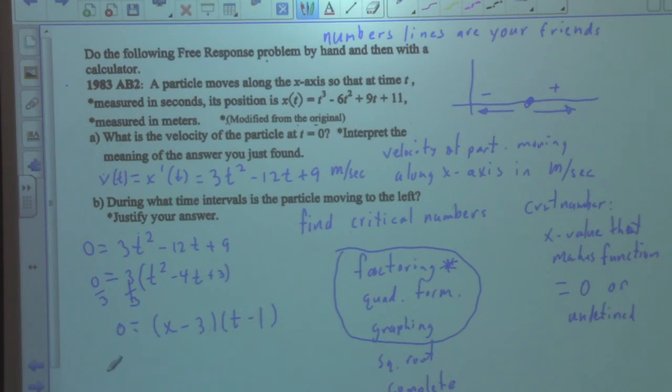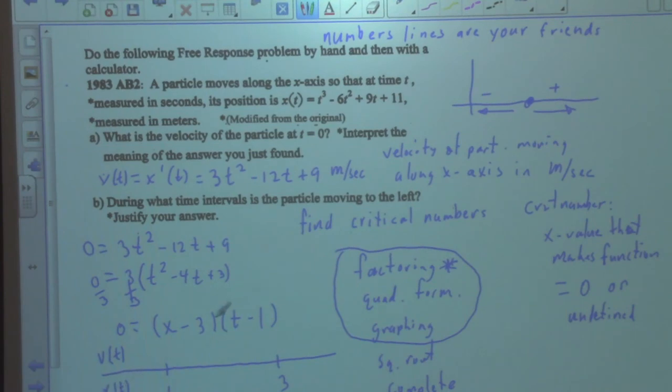And now here comes the number lines. What you do is you mark your number line at the zeros. You have t equals 1, t equals 3. So you mark 1 and 3 on your number line, and right up above you put v of t, and below you put x of t.